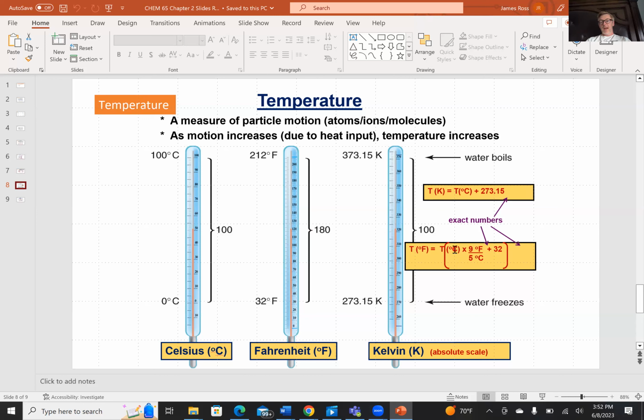If you have Celsius and you want to generate Fahrenheit, you multiply by 9, divide by 5, and then add 32, and that will give you Fahrenheit. So again, hopefully that's straightforward.